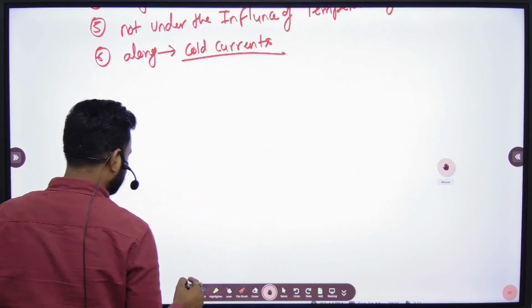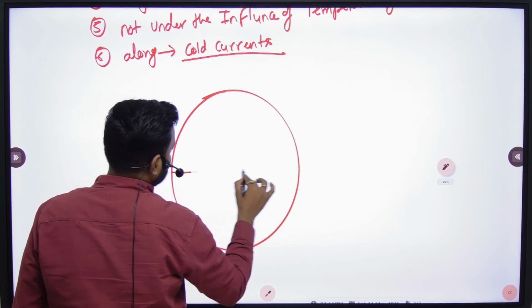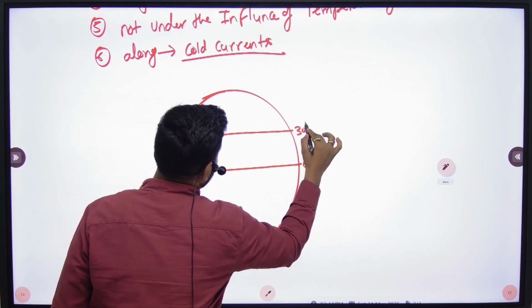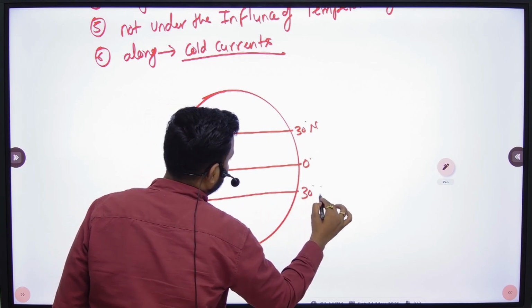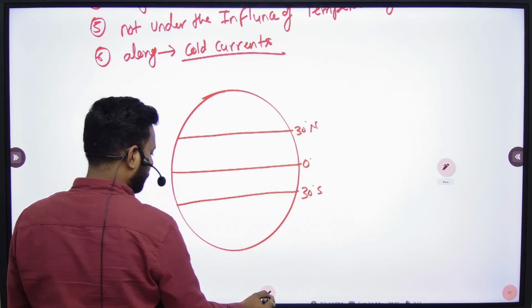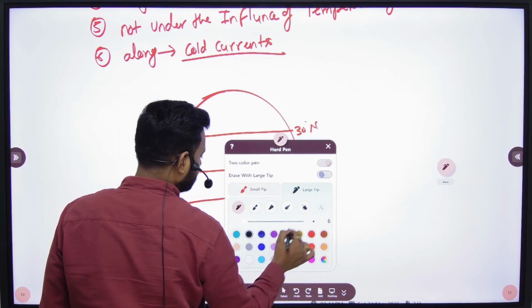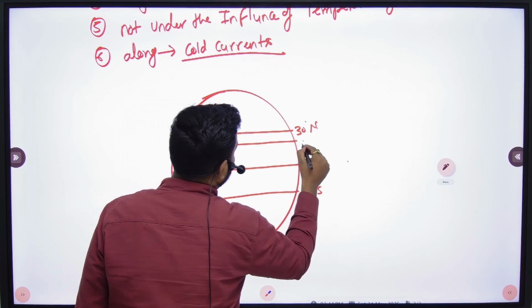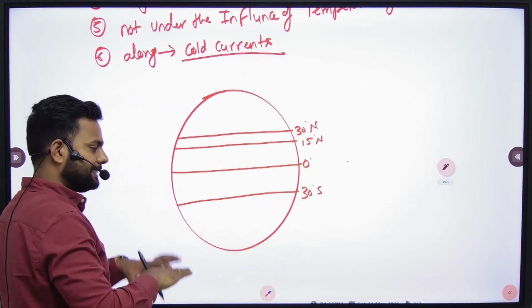Hot deserts were formed because this is the equator and this is 30° north and this is 30° south. We all know that most of the deserts lie between 15° north to 30° north as well as south.